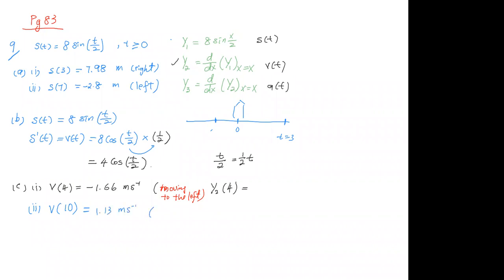So it is moving to the right. Okay. Show that the dog's speed is maximum when it is moving past its kernel.